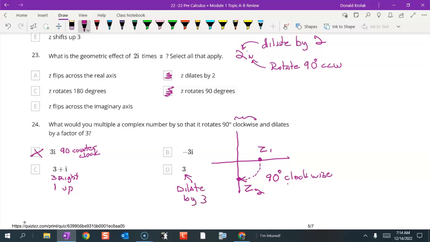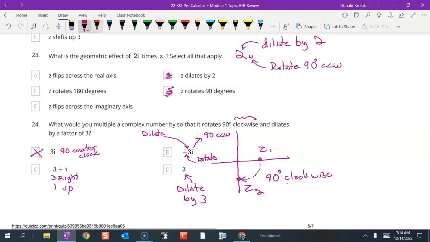So negative 3i. All right, so the 3 is going to dilate it. Okay, the i is going to rotate it 90 counterclockwise, but then the negative is going to rotate it 180.